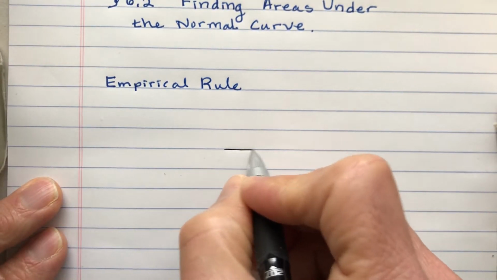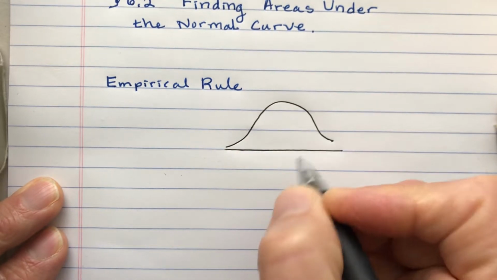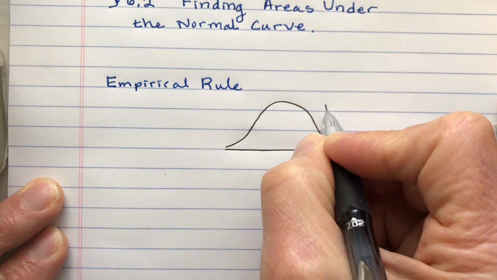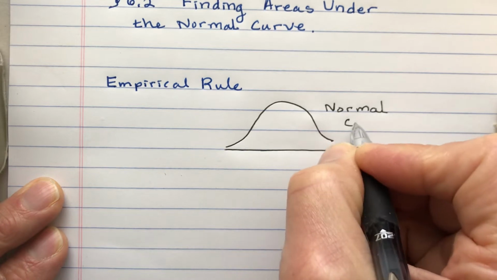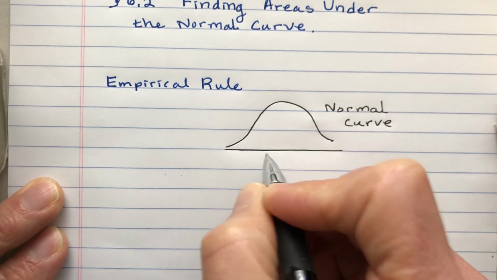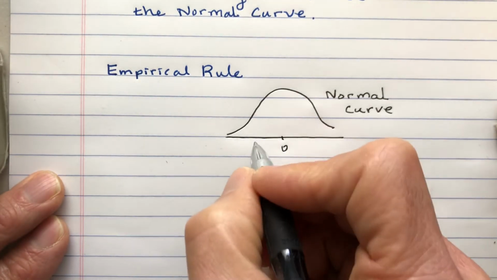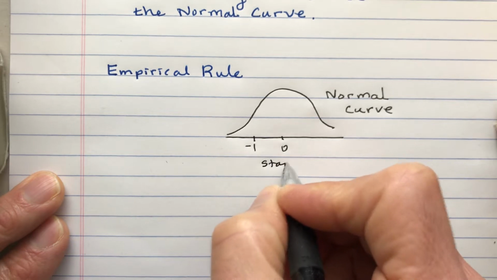All right, so let me see if I can provide the empirical rule by drawing pictures. If I have the normal curve here, here's 0, and this is a standard normal curve. The numbers down here are standard units.